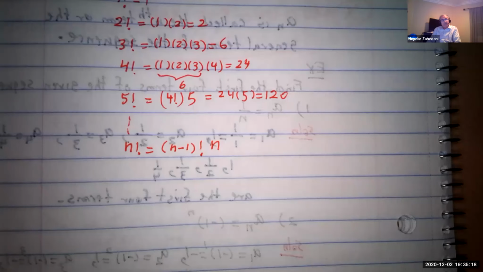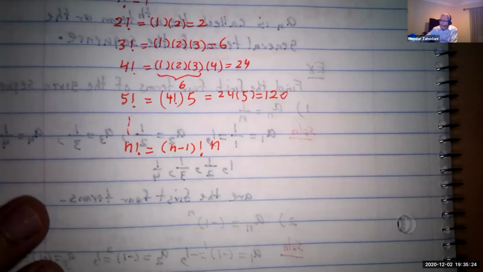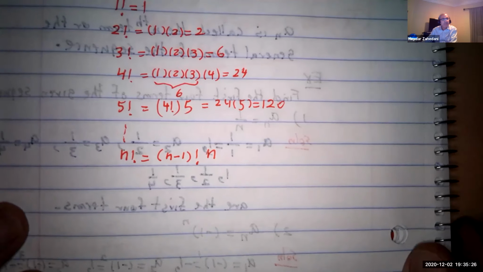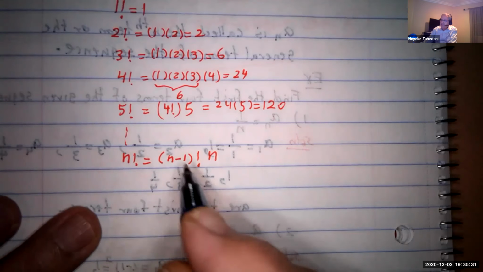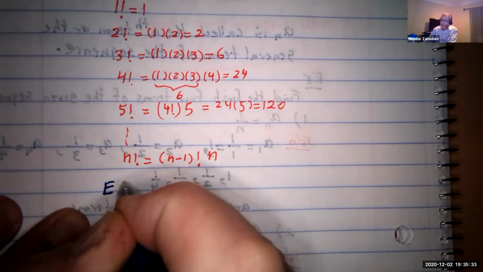So now you may be given a sequence involving factorial, which is very popular, and they ask you to find the first 4 terms. Okay, example.